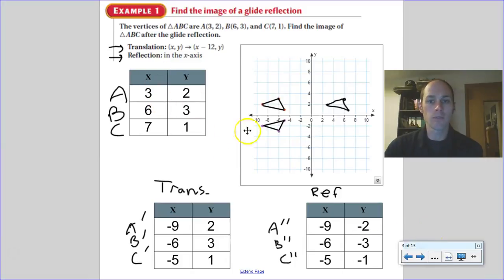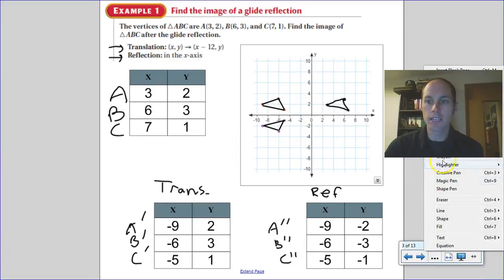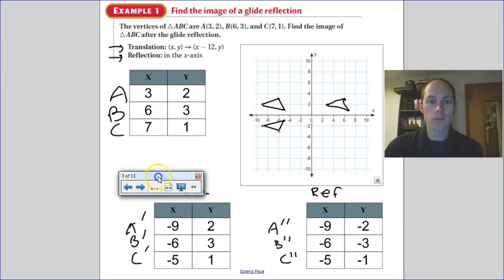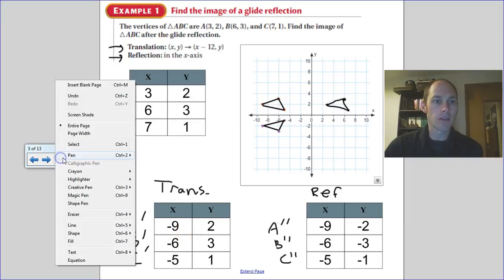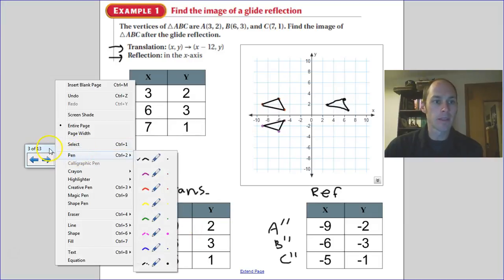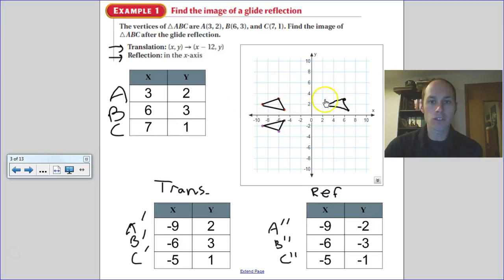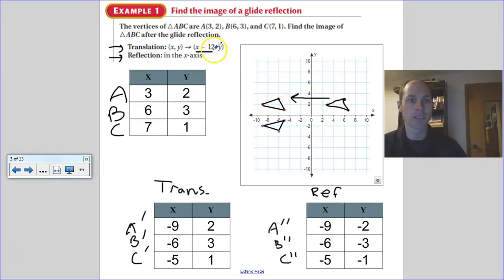Okay, so notice after we perform the translation, the new coordinates are listed down below. You can compare with what you had. And then after we perform that translation, notice the coordinates as they move, it gets translated left, as we can see in the arrow notation, goes left 12.